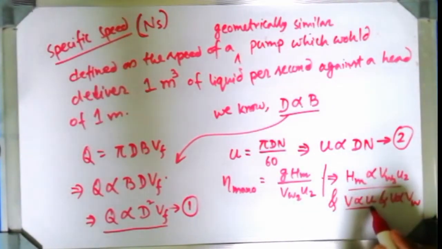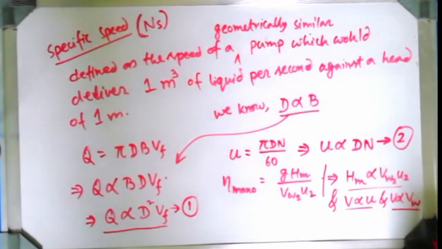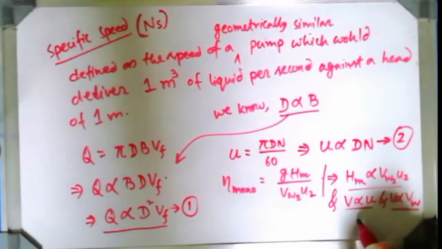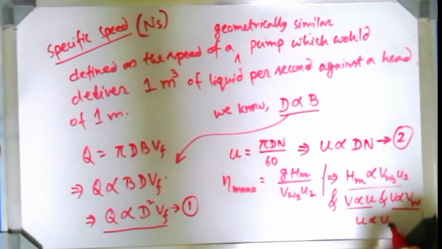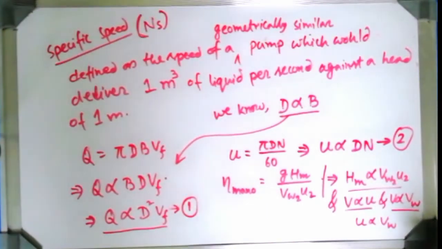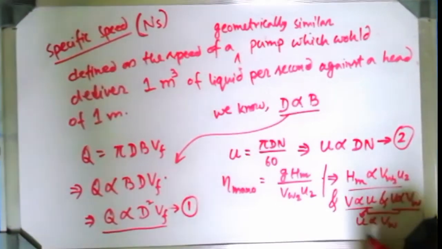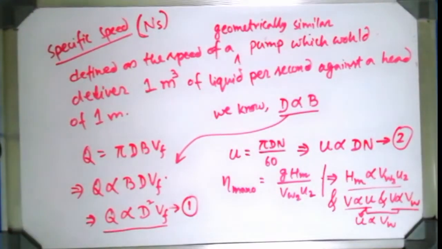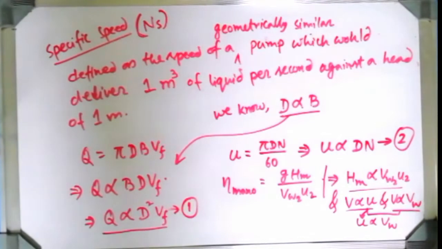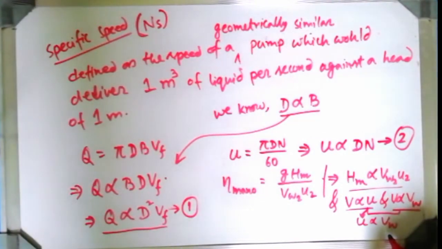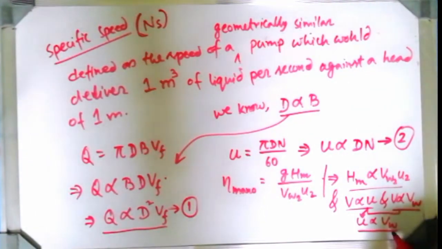If V proportional to U and V proportional to Vw, then I can say U proportional to Vw. If we merge them both, then we get this relationship, U proportional to Vw. Yes. If U proportional to Vw, then use this expression over here.